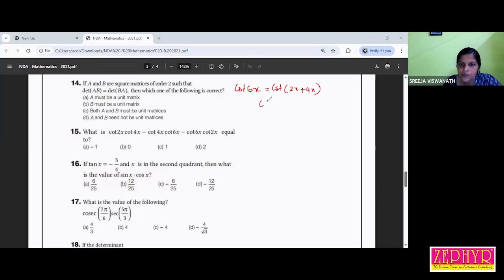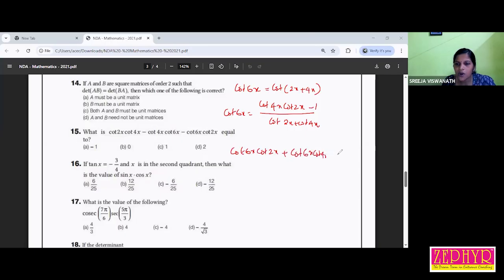Correct. So here cot 4x cot 2x minus 1 by cot 2x plus cot 4x, right? This is equal to cot 6x. Now you can cross multiply. Cot 6x cot 2x plus cot 6x cot 4x equals cot 4x cot 2x minus 1. From here we get the answer.